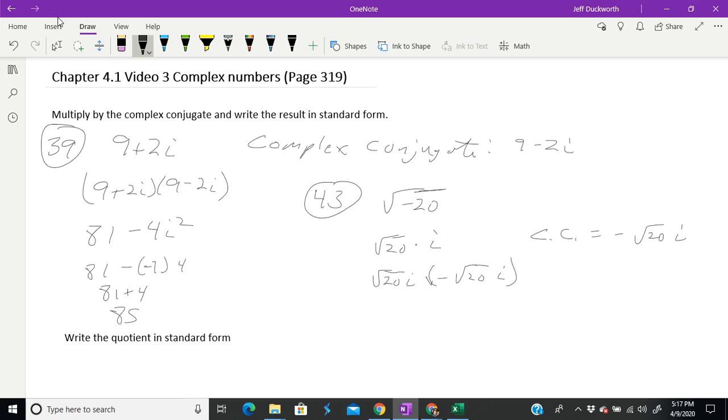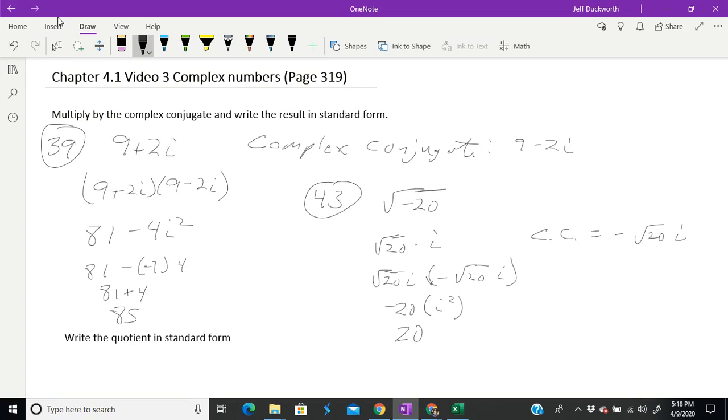All right, so when we multiply these together, we get negative 20 times i squared, which is negative 1. So this whole thing is just 20.